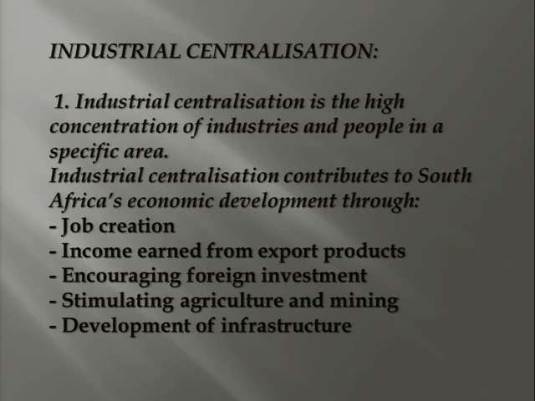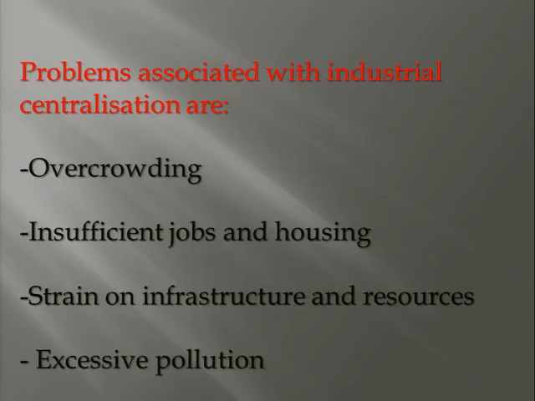Now, the positive about it is that these core areas promote job creation. We have income from export products, they encourage foreign investment, they stimulate agriculture and mining, and they help with the development of infrastructure. But there's a problem. What are the problems associated with industrial centralization?